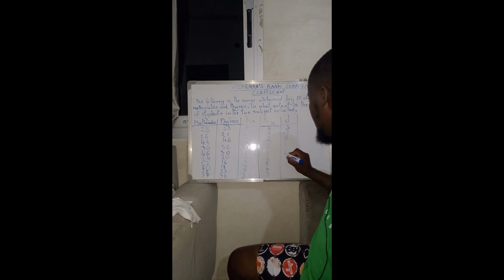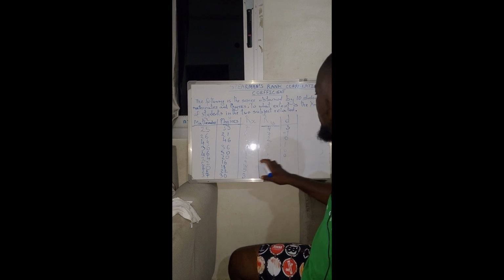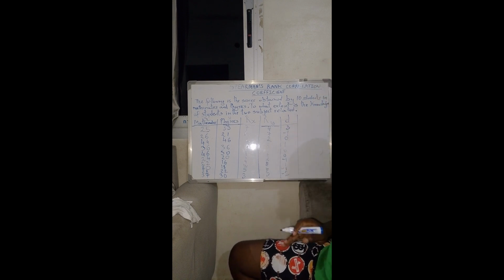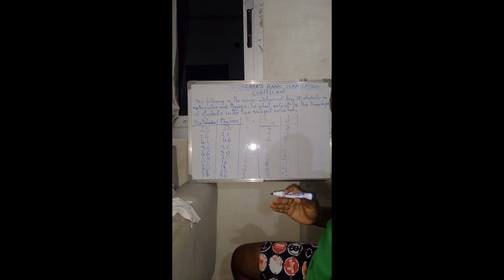And 8 minus 8, we also have 0 again. 9 minus 10, we have minus 1. And 10 minus 9, we have 1. And 5 minus 6, we have minus 1. And 3 minus 5, we have minus 2. These are the D. Our D is equal to the difference in rank.